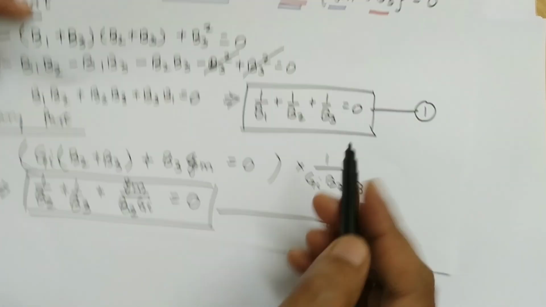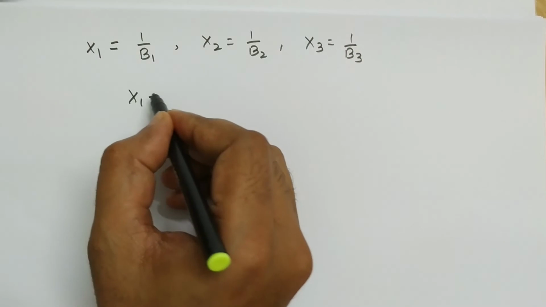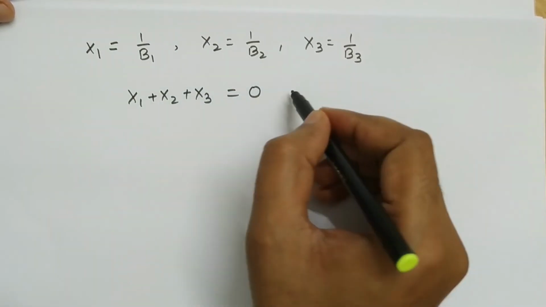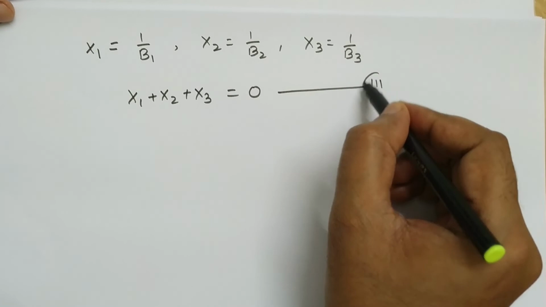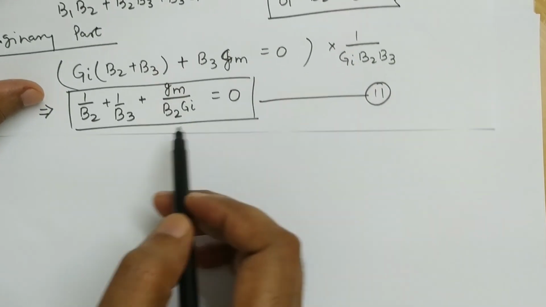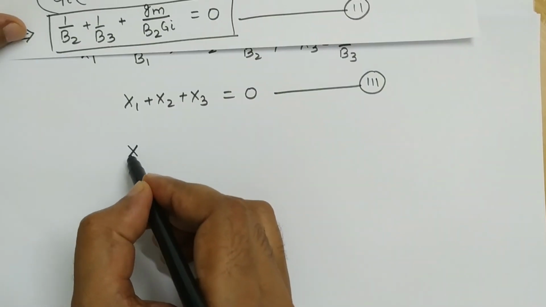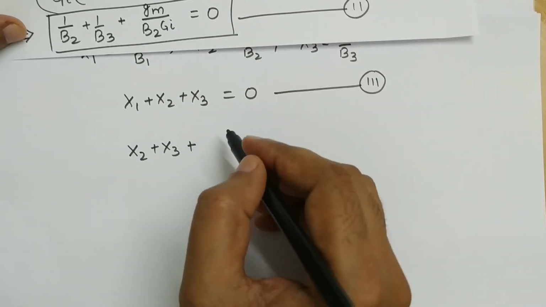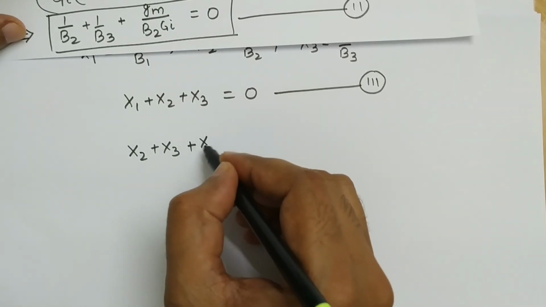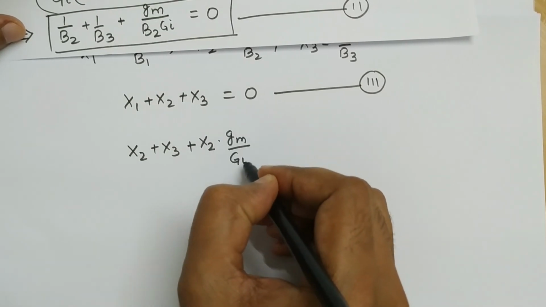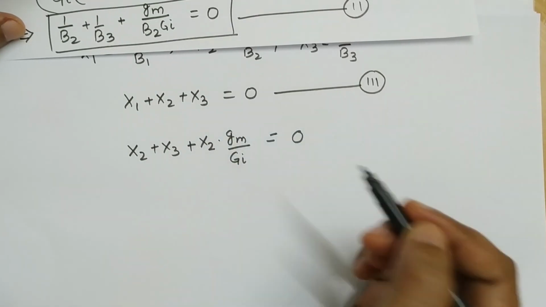So the first equation can be written as x1 plus x2 plus x3 equal to 0. So let us say this is equation 3. And then we have the second equation, which can be written as x2 plus x3 plus x2 into gm by gi equal to 0.